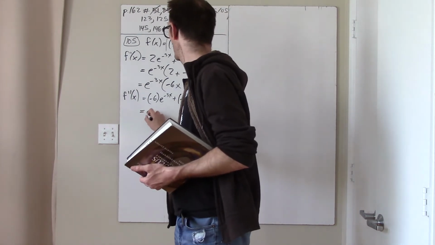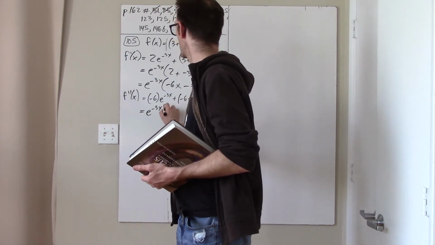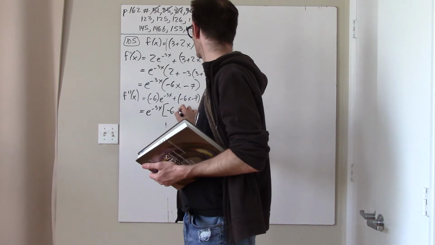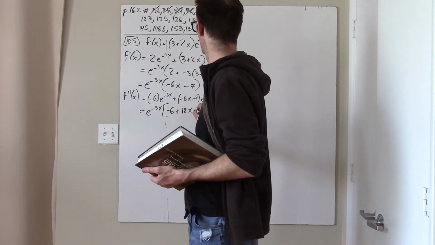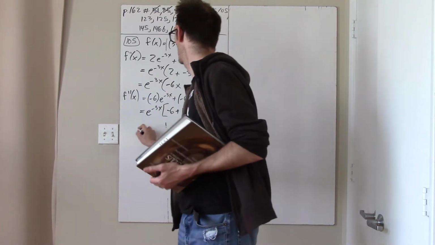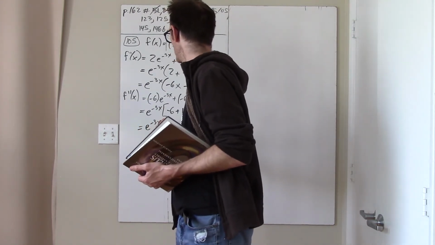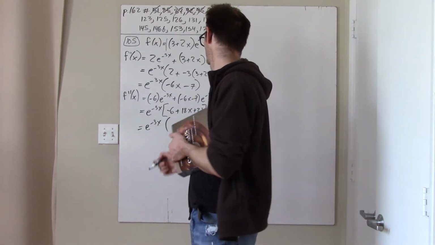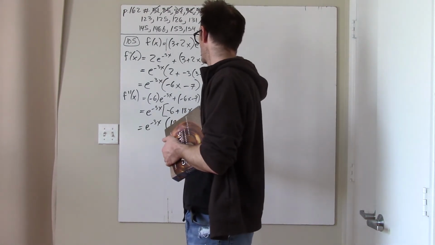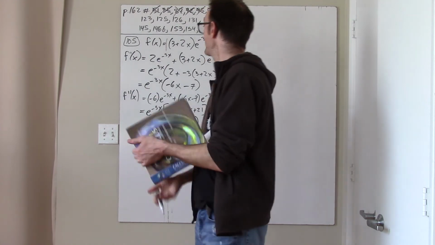And so once again, I'll factor out an e to the negative 3x, and I'm left with negative 6 plus, distributing the negative 3, that's 18x plus 21. And so I guess my final answer should be e to the negative 3x times 18x plus 15. I have no idea if that's right.